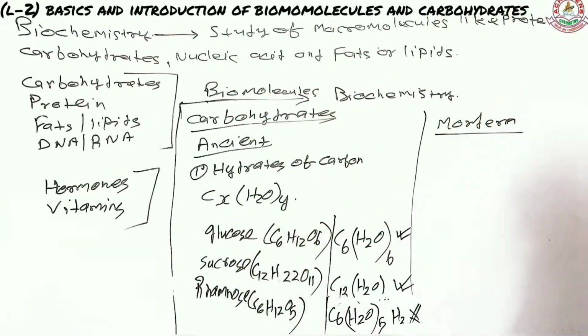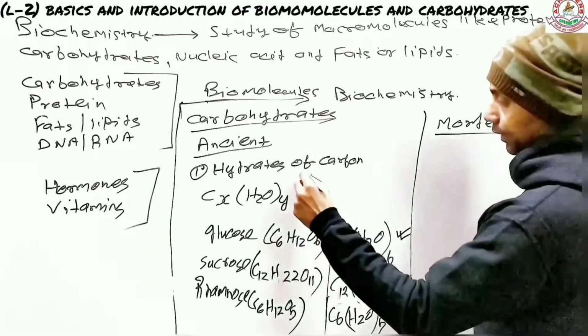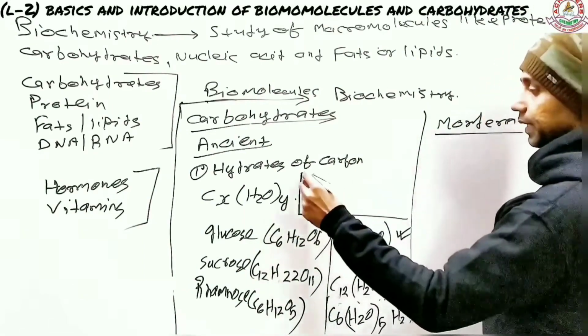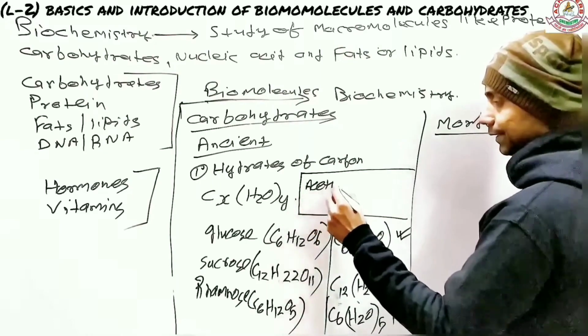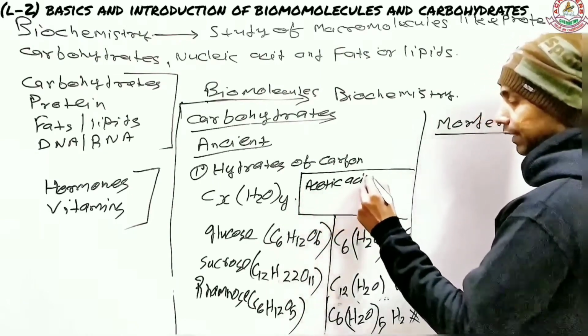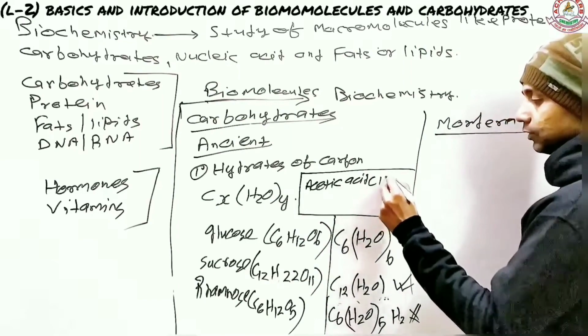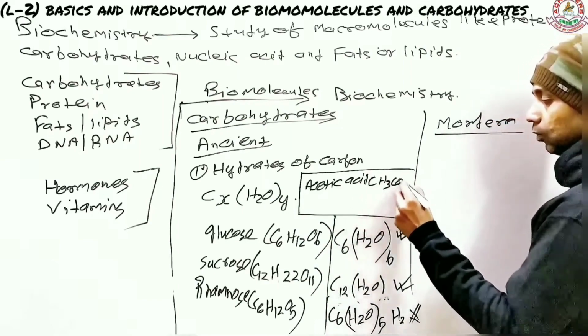Another demerit you can see right over here. Just pay attention. You remember acetic acid, and its formula is CH3COOH.